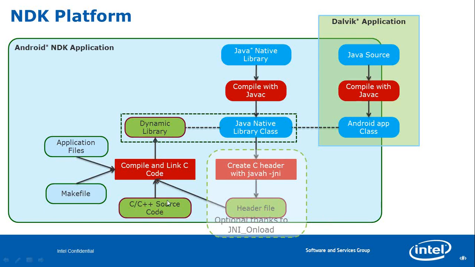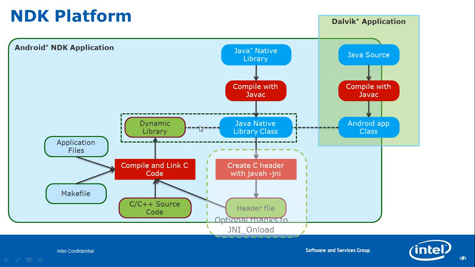The header file and the C and C++ source code are compiled using your makefile and the application files, and you generate a dynamic library. This dynamic library is linked to the platform layer. How does that happen? That is through the Java native library class.